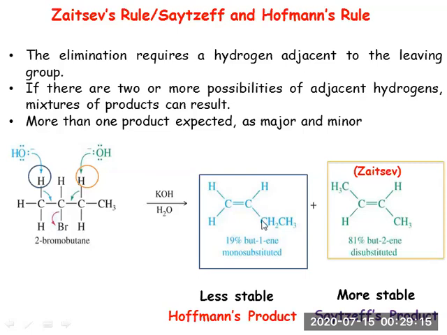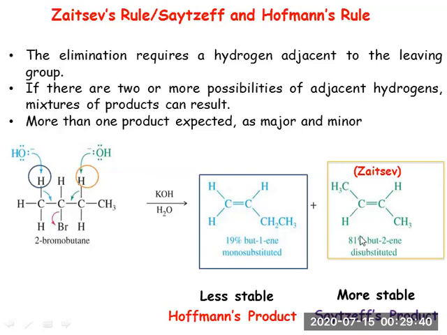One is a less substituted, the other is a more substituted product. You can see here olefinic carbon atoms are attached to 1, 2 and 3 hydrogen. Here olefinic carbons are attached to 2 hydrogen. So this particular product, since it's more substituted, is more stable and therefore will be obtained as the major product.